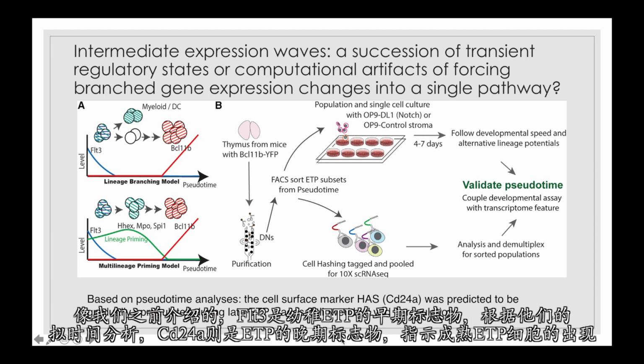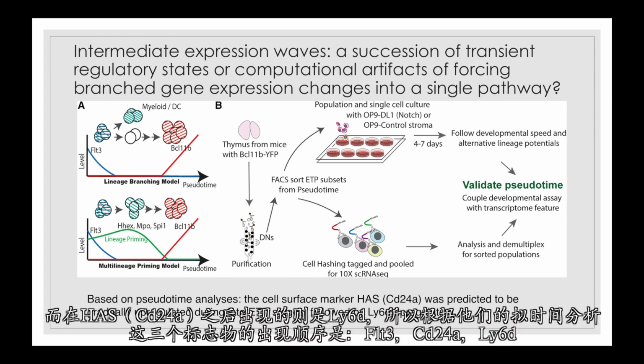According to their pseudotime analysis, CD24A is more like a marker that appears after FLT3 and indicates the more mature ETP. The expression of CD24A is followed by LY6O upregulation. So the pseudotime order of these three markers should be FLT3 at first, then CD24A, and then LY6O.